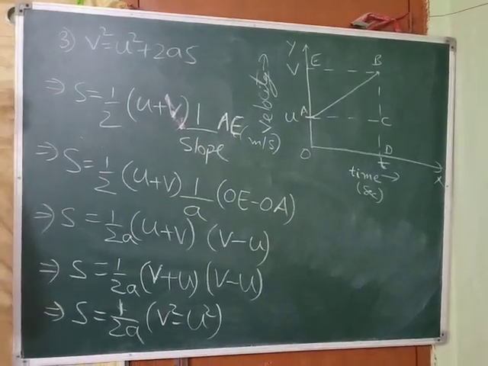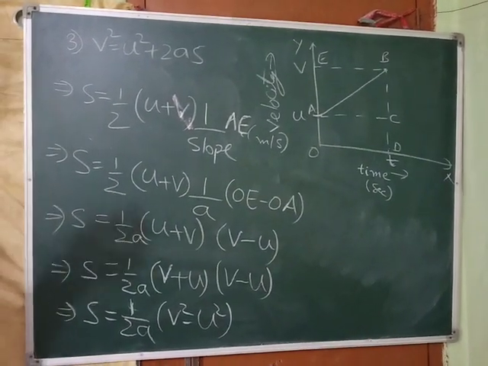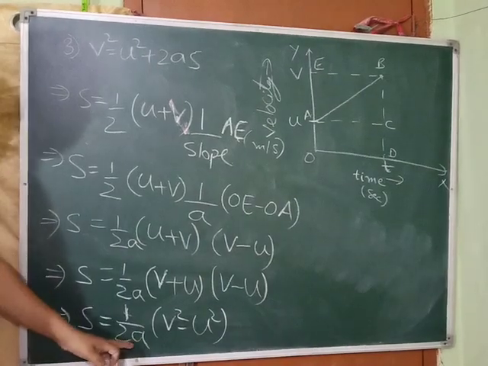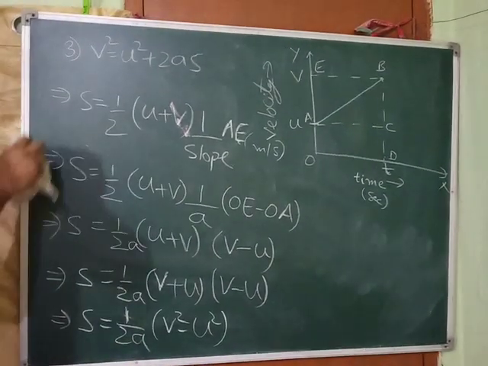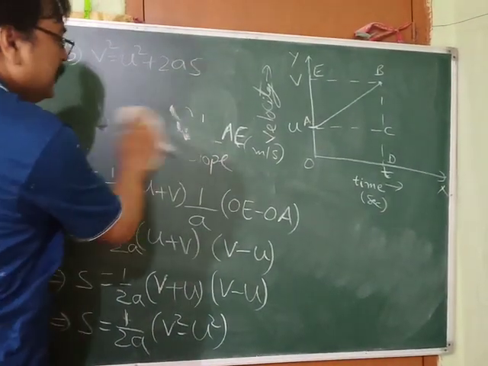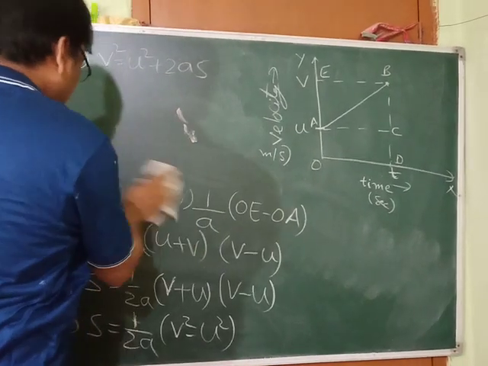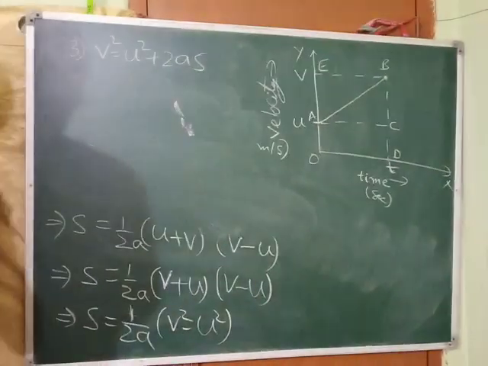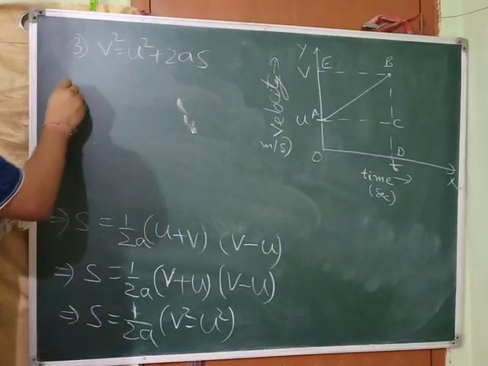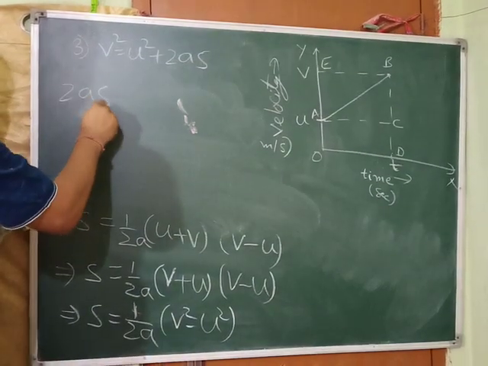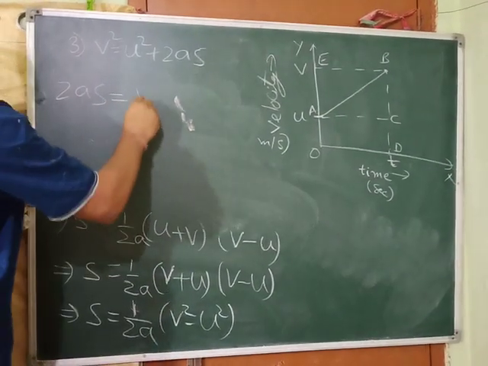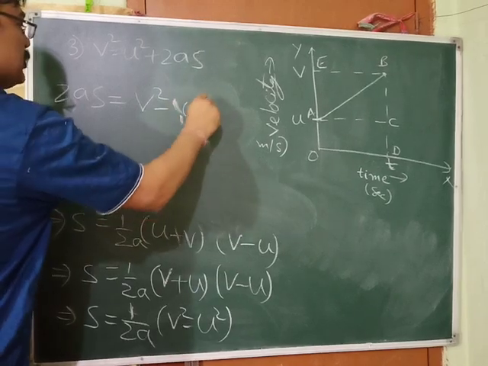Okay. So we have reached till here. Now what we need to do? We need to multiply this 2A this side. Cross multiply. So if we cross multiply, we will get 2AS is equal to V square minus U square.